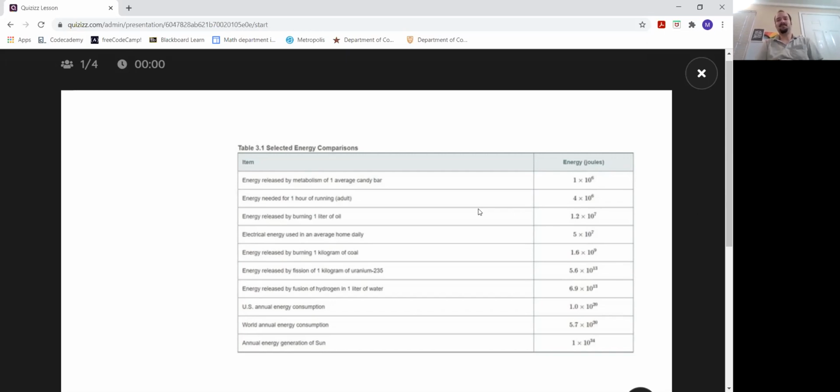Oh, man. Johnny has 10 pieces of candy and he eats 5 of them. What does he have? Diabetes. That's what I'm reminded of. It's just like, let's eat these candy bars to run.